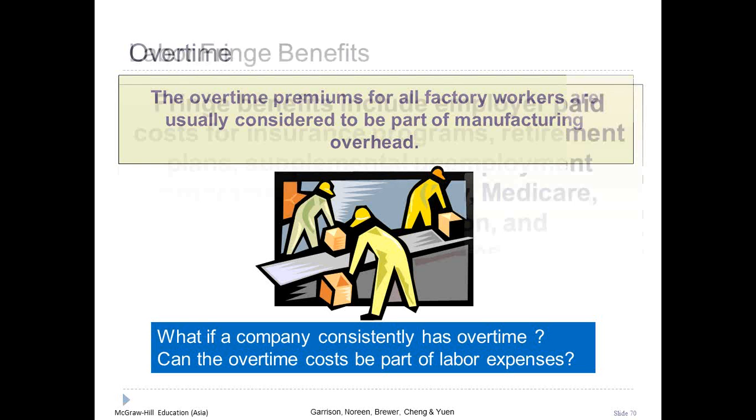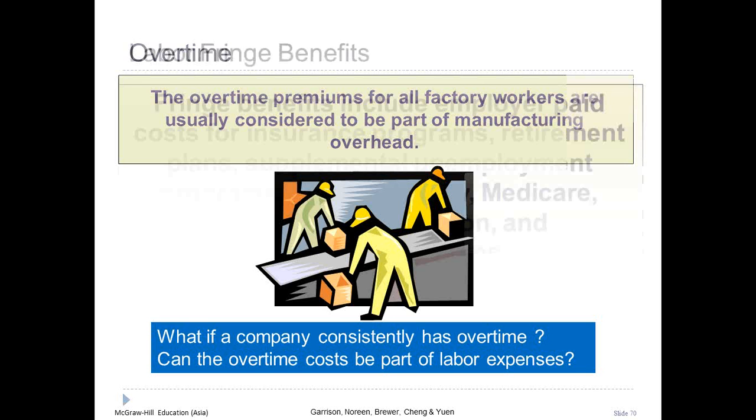Labor fringe benefit costs are employment-related costs paid by an employer, such as an insurance program, retirement plan, supplemental unemployment program. They also include the employer's share of Social Security and Medicare, workers' comp, federal employment tax, and state unemployment insurance.